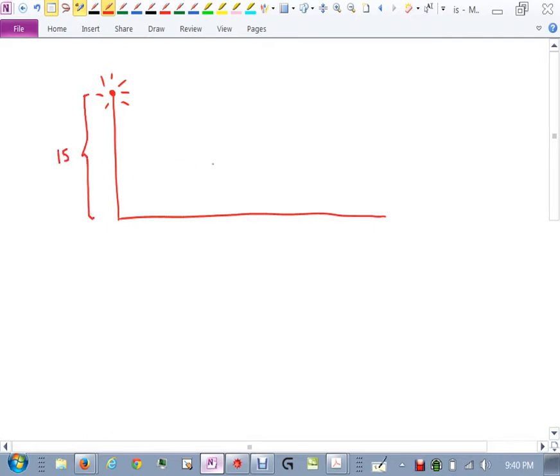Then we have a man. And he looks weird. And he is 6 foot tall. And he is walking away from the pole at 7 feet per second. So he's moving in that direction.